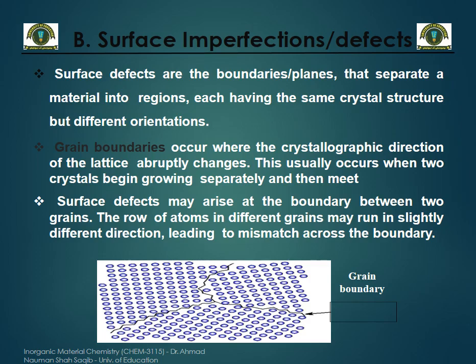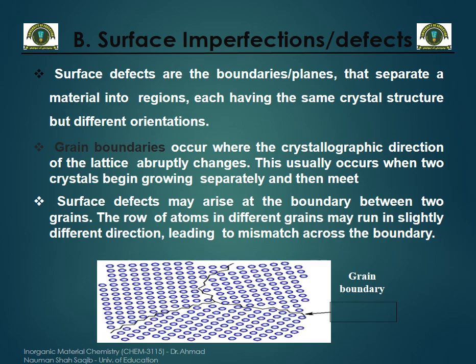Surface defects are the boundaries or the planes that separate a material into regions, each having the same crystal structure but different orientations. As you can see in the given figure that they have the same crystal structure but different orientations.